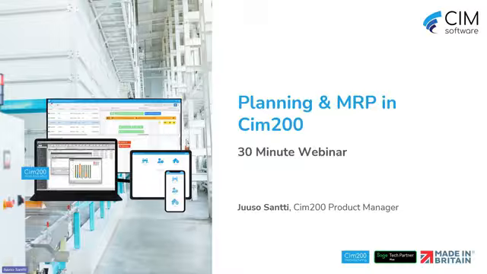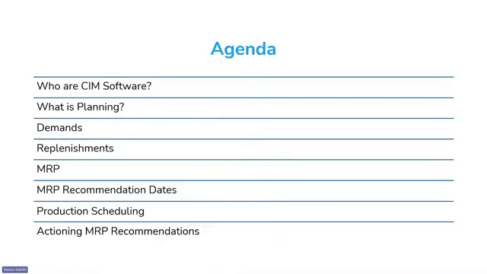So first of all, the agenda for today's webinar is to have a look at who we are, very, very briefly. I don't want to bore you too much about that. What is planning in CIM200? And then we are looking at the demands and replenishments and how MRP will react to those and how it actually produces some of the recommendation dates.